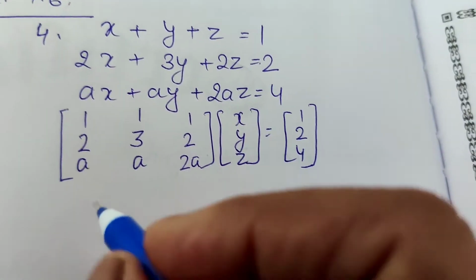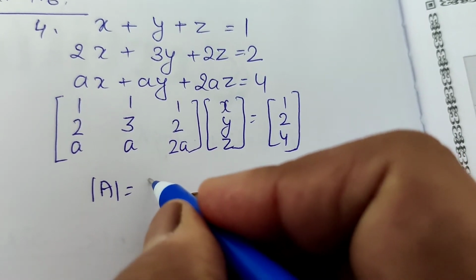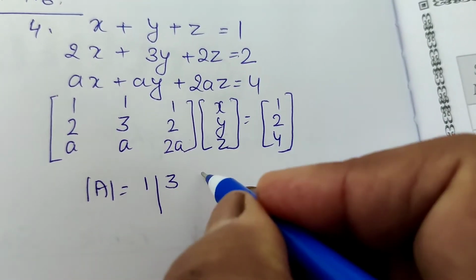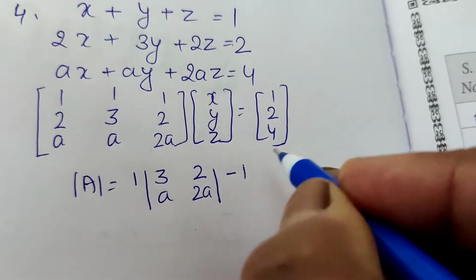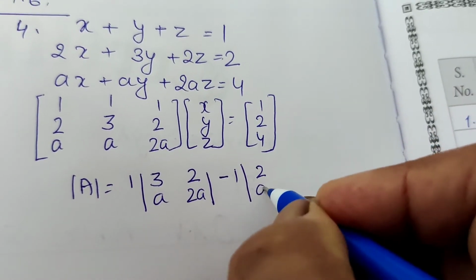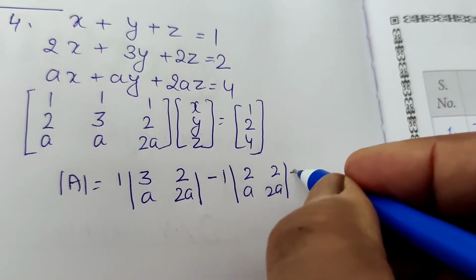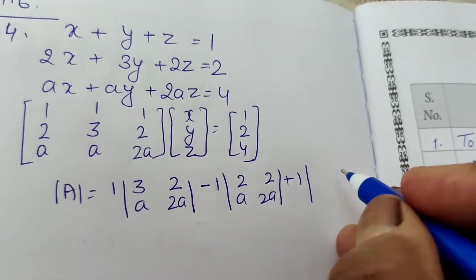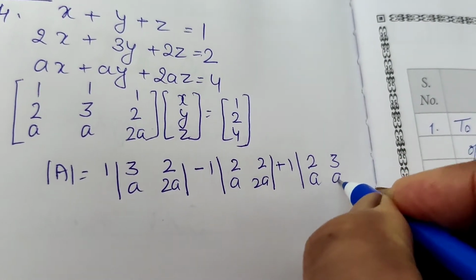First, we have to find the determinant of A. 1 times the minor 3, 2, a, 2a, minus 1 times 2, 2, a, 2a, plus 1 times 2, 3, a, a.